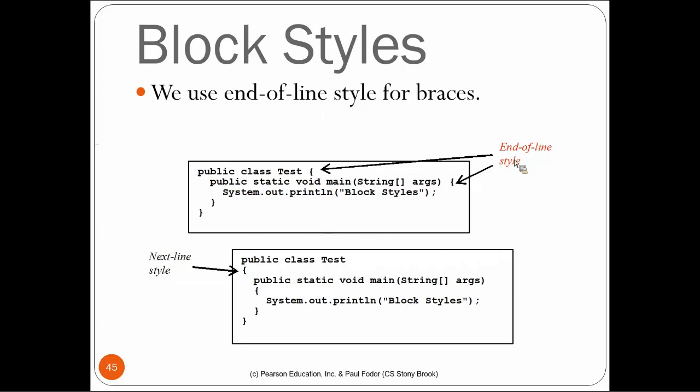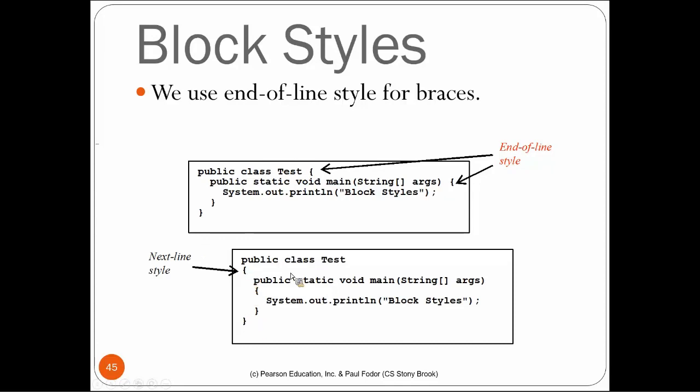There are two types of block styles. These are a matter of style in Java. The end of line style is the one used by modern programmers and is Java's preferred style. For instance, if you use the formatting tool in Eclipse, you select all your text and then format your source code, it will use the end of line style, which puts the beginning of the block at the end of the line of the current block definition, like for instance public class Test.